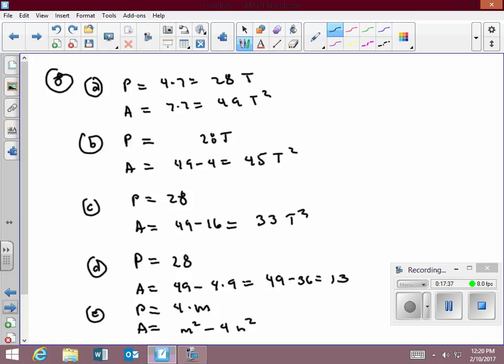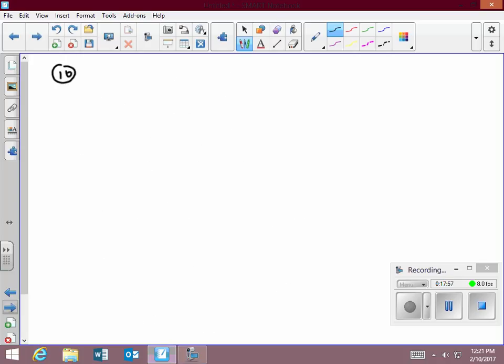Okay, so 10. For each circle, the circumference is given. Find the radius and diameter of each circle to the nearest hundredth. So you're given the circumference, it's 12 pi, and they want to know the diameter and the radius.